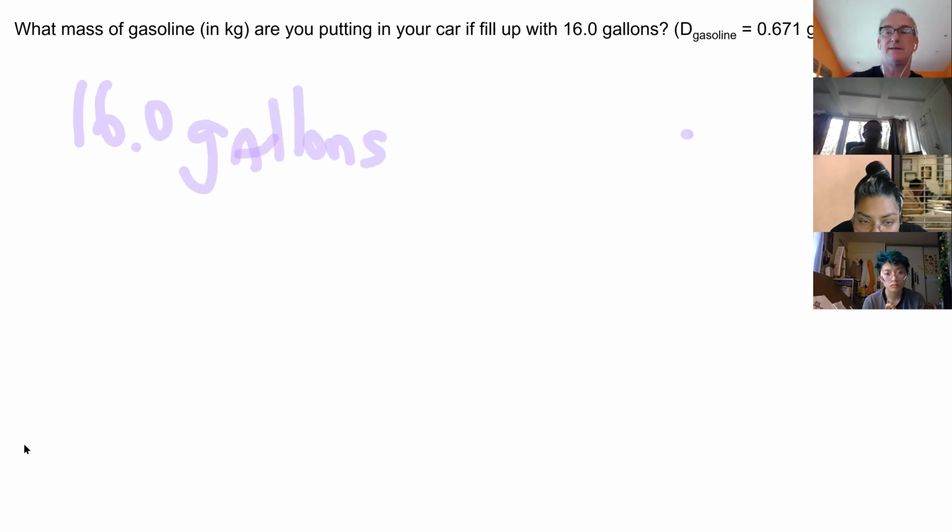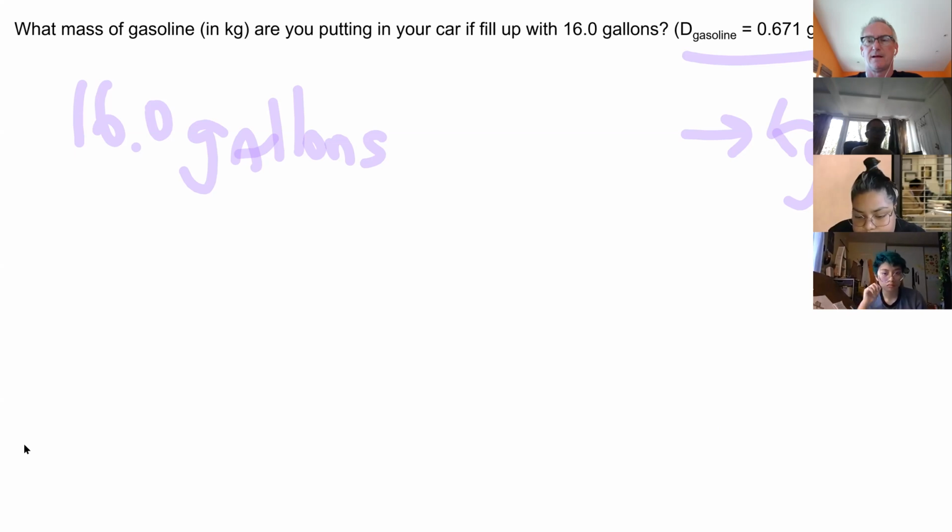And I want to get to kilograms. So what do I need to convert? Density. I'm given the density. Okay. But it's in grams per mil. What's a mil? We convert the gallons to liters and then use the density to get how many grams in this value.